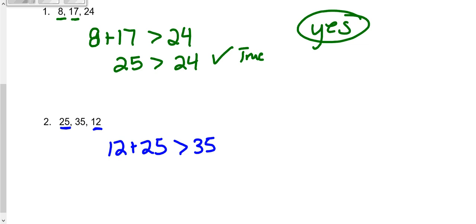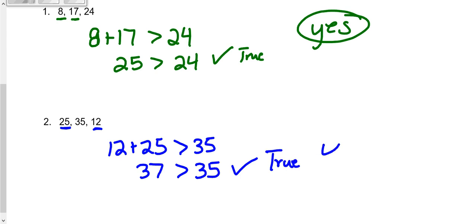So 12 plus 25 is 37, and 37 is larger than 35. That's also a true statement. And yes, this is a triangle.